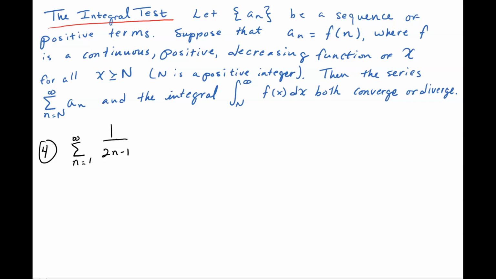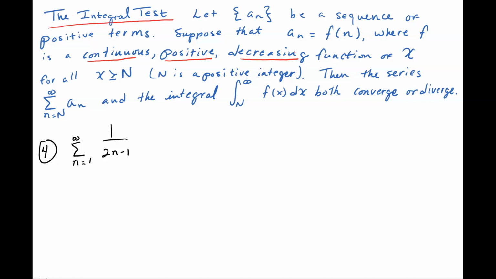So here are the three conditions. f has to be a continuous function, it must be positive, and it must be decreasing. Then we can say the series, the summation from n to infinity of a sub n, and the integral from n to infinity of f of x dx both either converge or they both diverge.